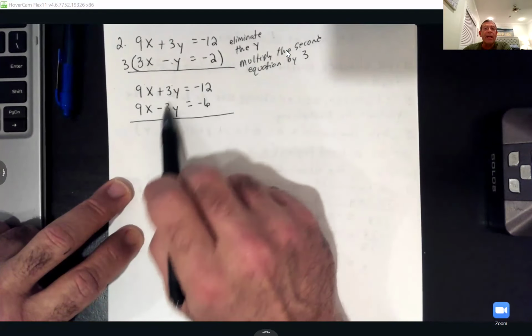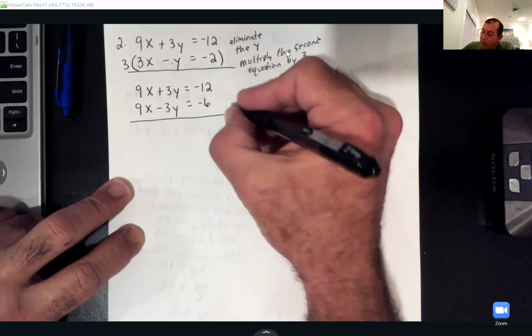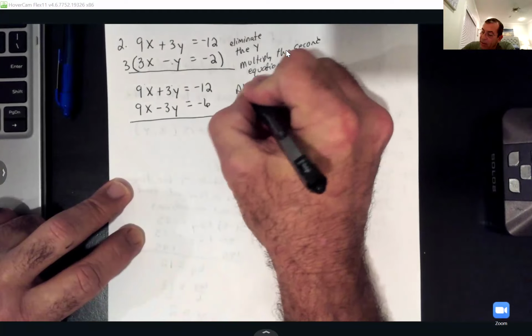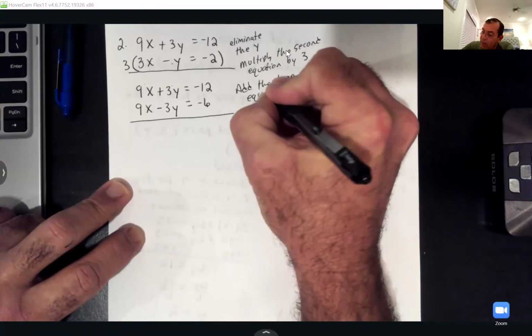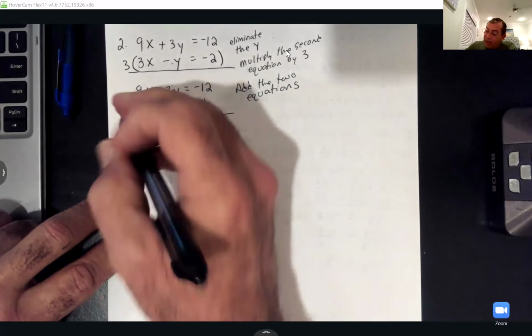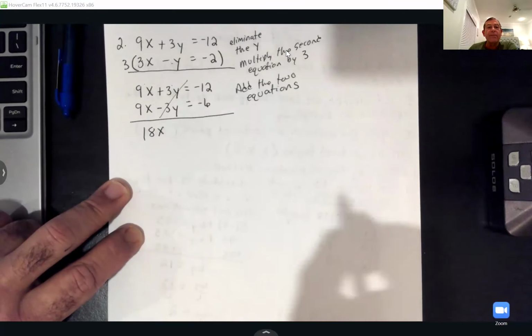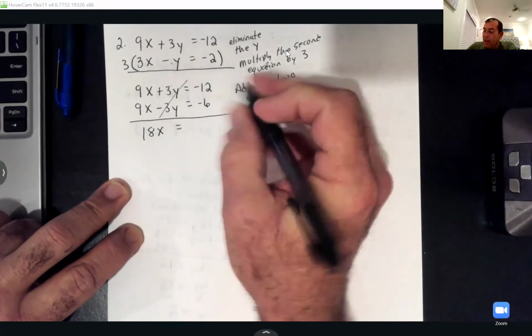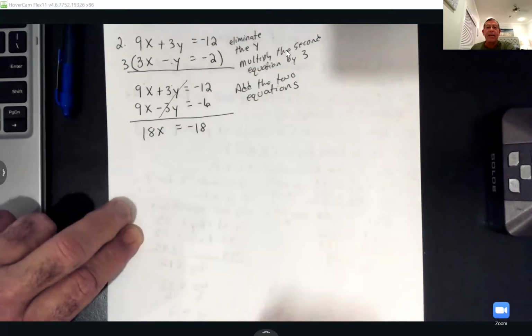The y's now cancel. So I'm going to add these rows together. So add the 2 equations together. So 9 and 9, y'all, that's going to give me 18x. The y's cancel in the middle. And a -12 and -6 is -18.